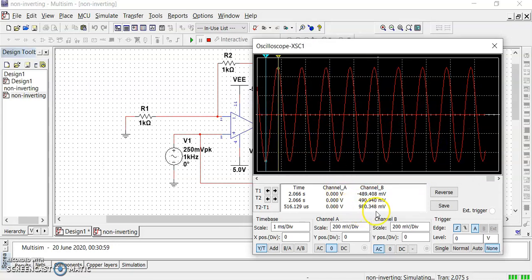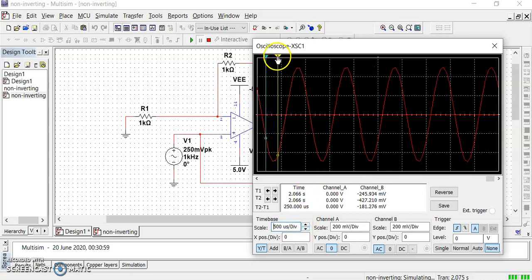Our output voltage is 980 millivolts, around 1 volt, for the 1 kilo ohm feedback resistor.